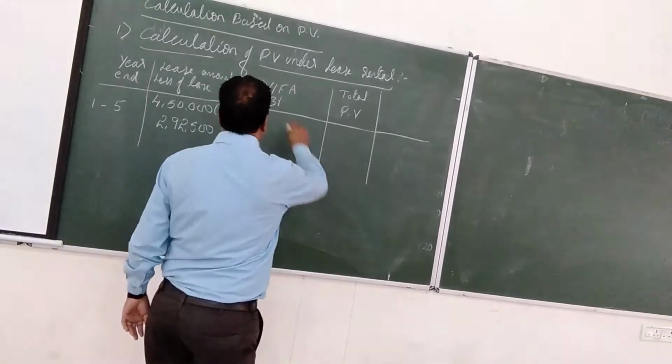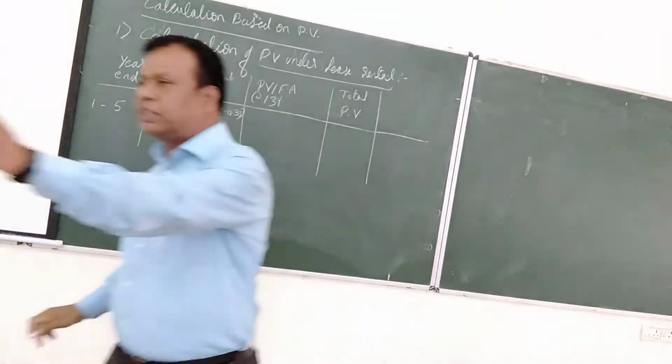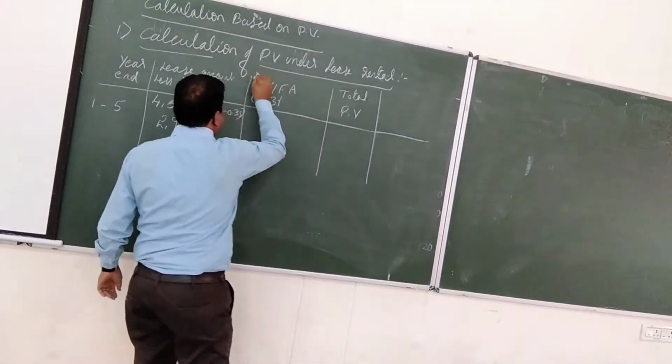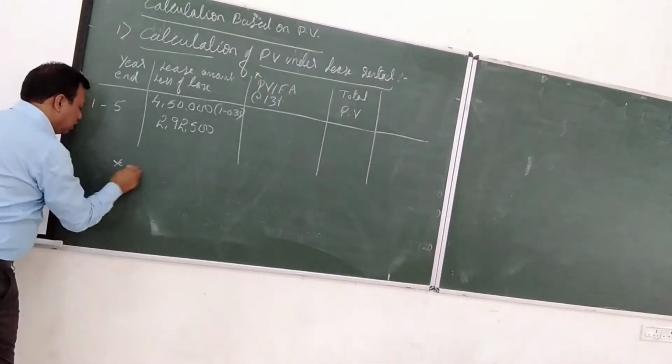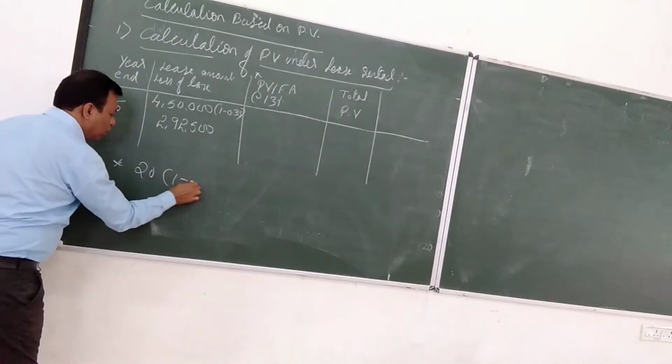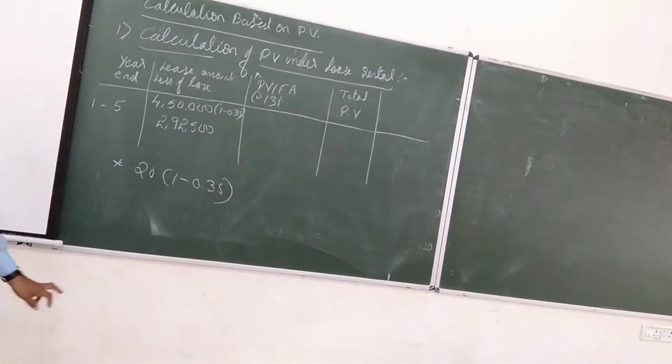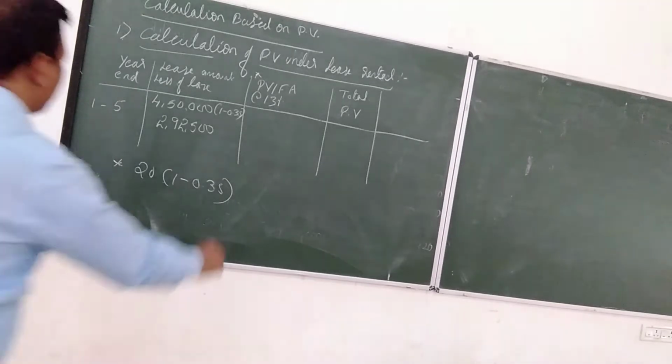Here the cost of capital is 20%. In the problem it is 18%, make it 20%. The cost of capital is 20%, so 20% into 1 minus 0.35. How much does that come to? 13%.